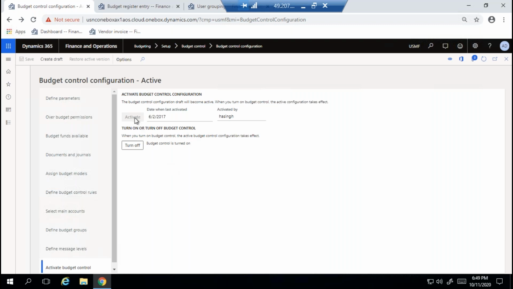Here there is an activate and turn on option. If budget control is turned on, that means budget is running. If you turn it off, the system will not validate.